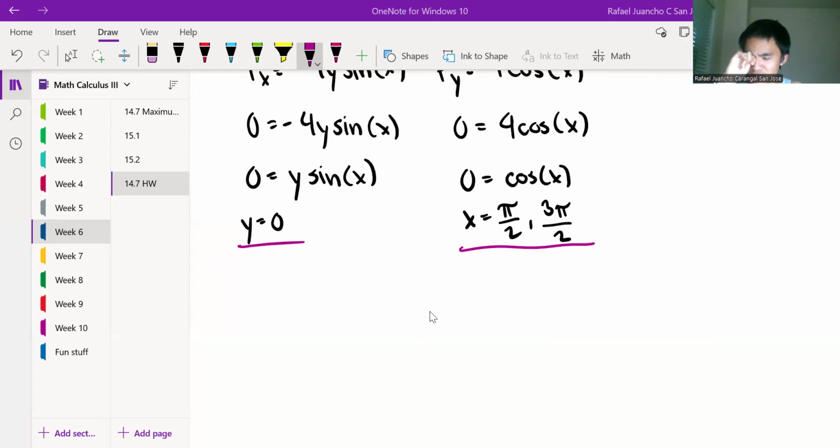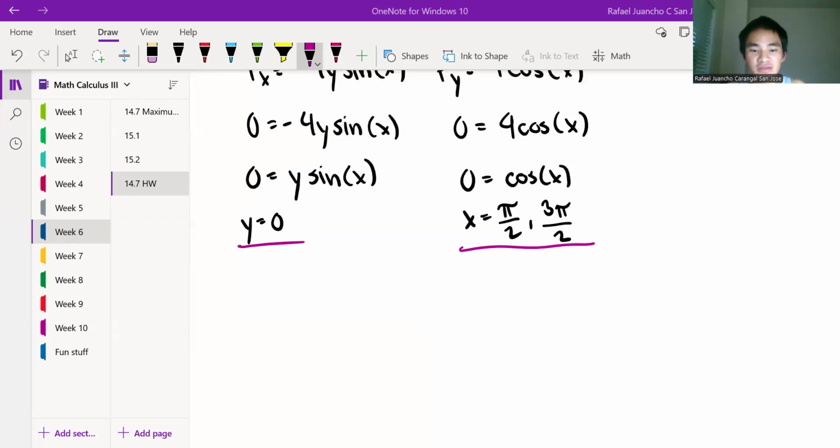These two conditions. So I actually get pi half comma 0, as well as 3 pi half comma 0.